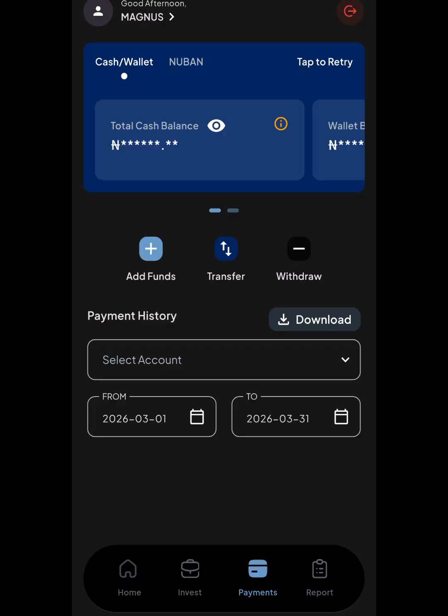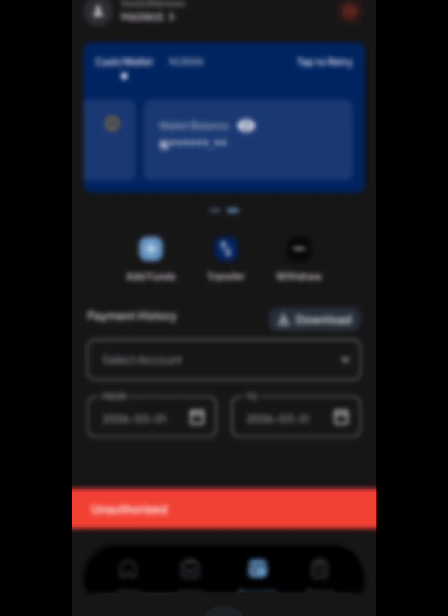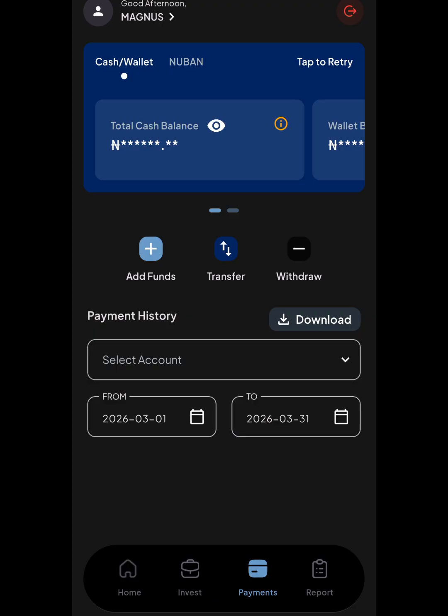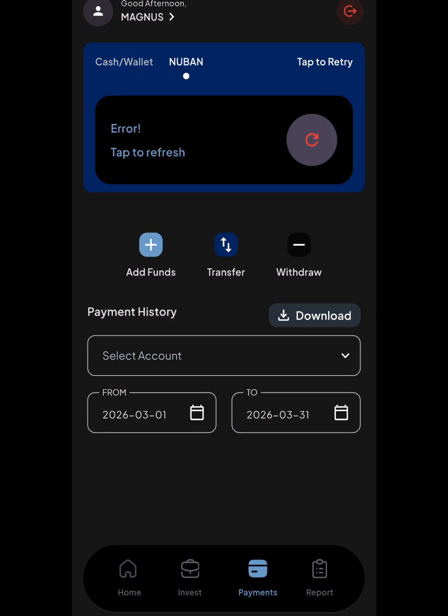It says error loading. I've encountered something like this before. Still saying error loading. Still not loading.